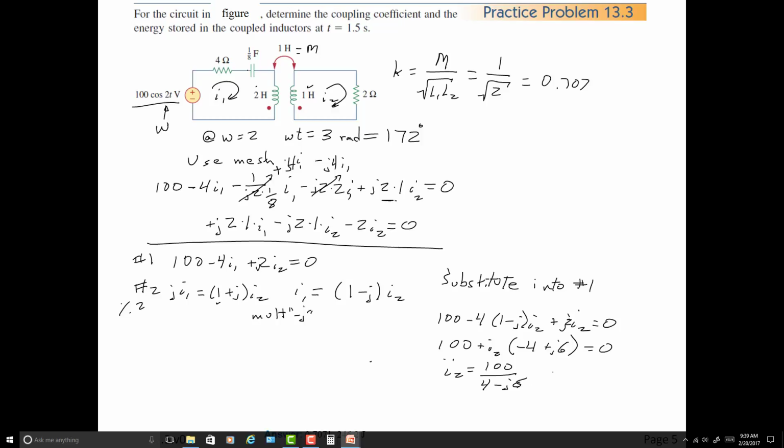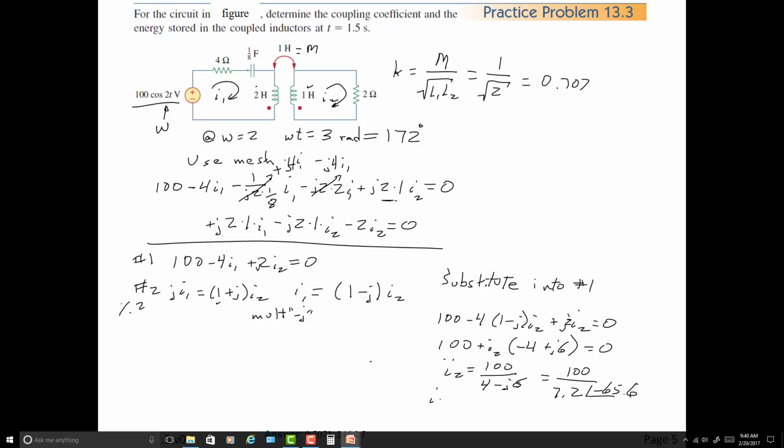J6 is equal to 100 over, we know this is a little over 7.2, a little over 7. And this angle now is negative, so that's minus 65.6 degrees or something like that.